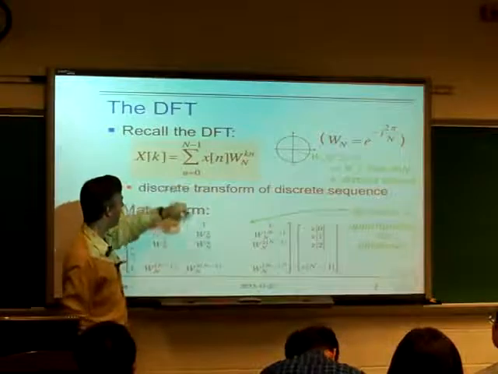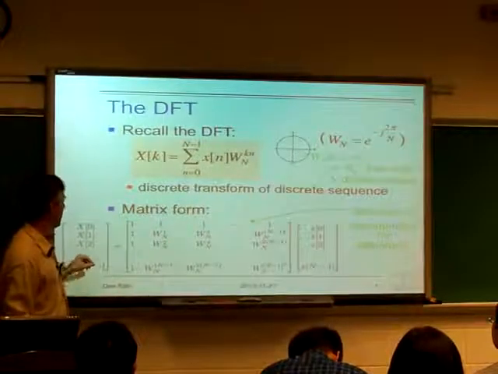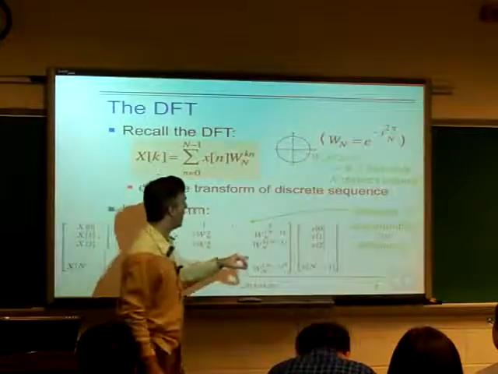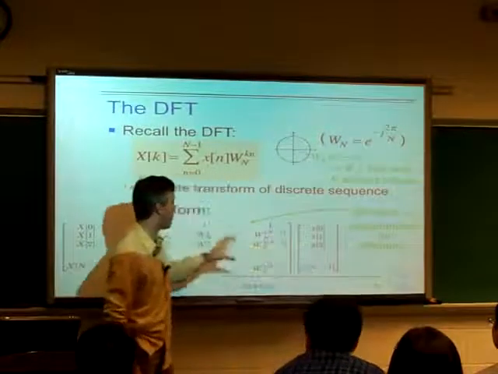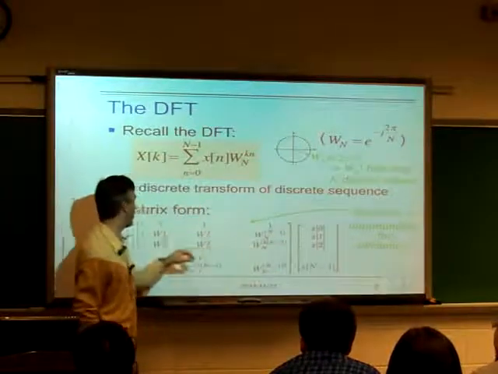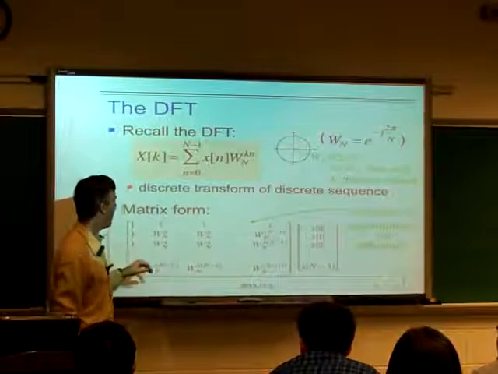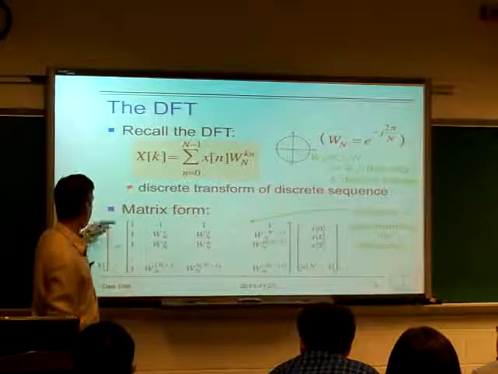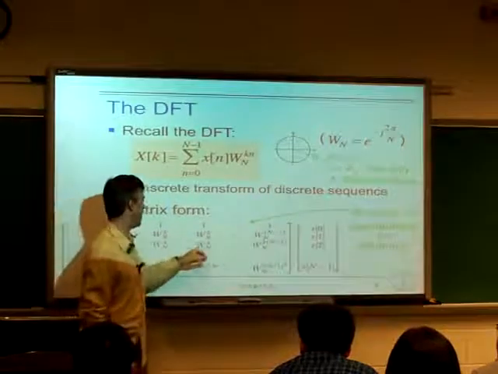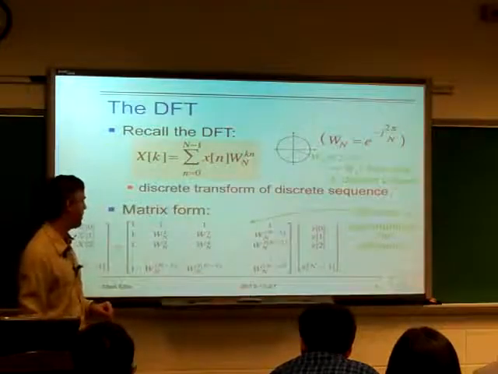This summation form is the same as this matrix form. This is just writing out each value of X of k as a matrix multiplication times each value of little x of n, and here are the coefficients. So this is W_N to the kn, where the row is k and the column is n, right? So we just have these exponents here are those kn values.